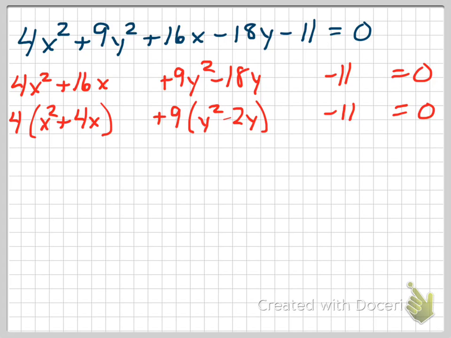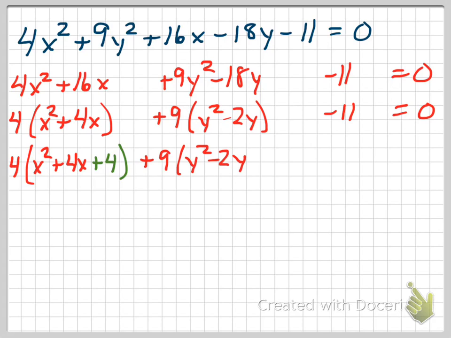Half of the b term squared is 4. But it's not really a 4. It's really a 16 because you have to multiply it by that leading coefficient. So out here at the end, you're going to be subtracting a 16.